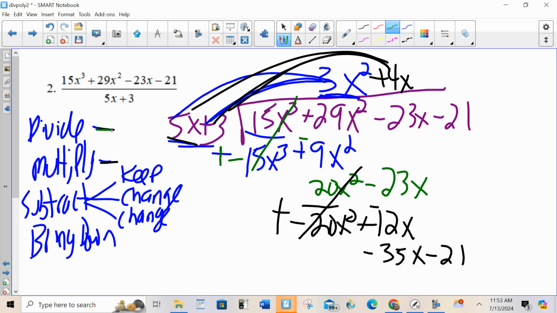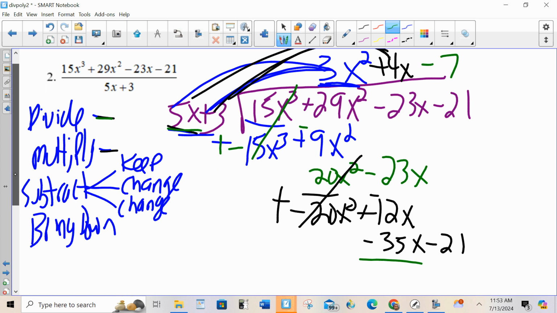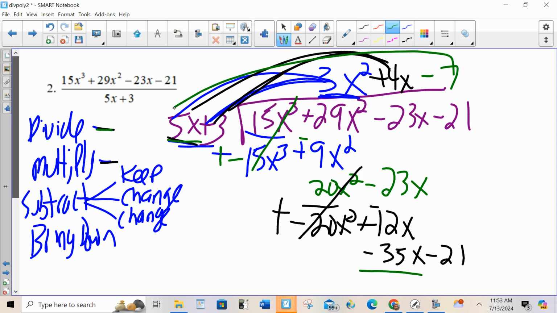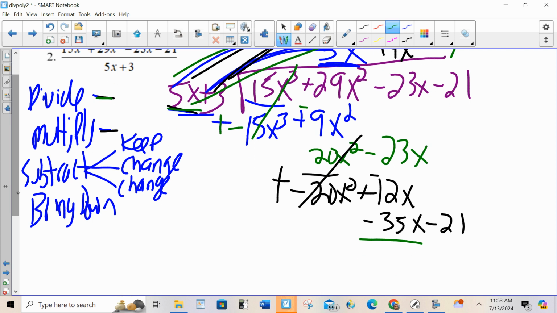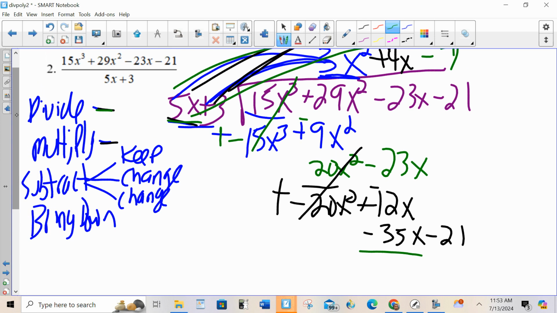Divide. Negative 35x divided by 5x is negative 7. Multiply. Negative 35x minus 21.